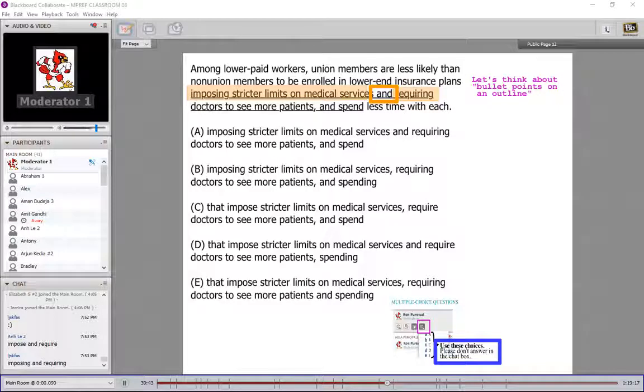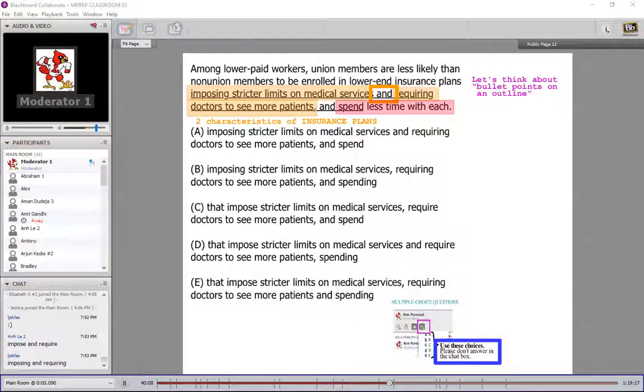But these are two things that insurance plans do, like two characteristics of insurance plans. Whereas spending less time is not, insurance plans don't do that. So there's no way that could be in parallel with those other things.